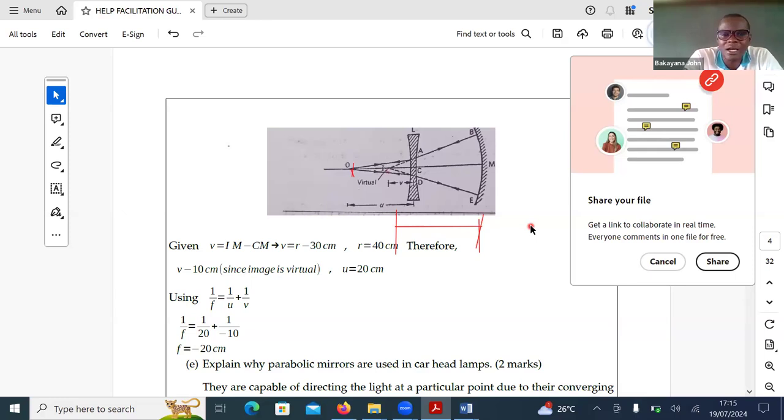So that 10 is our virtual image distance. If I know the object distance, which was given in the question as U equals 20, and I know the virtual image distance, I can find the focal length of that concave lens. Is that okay?